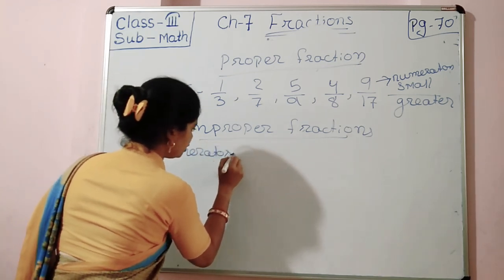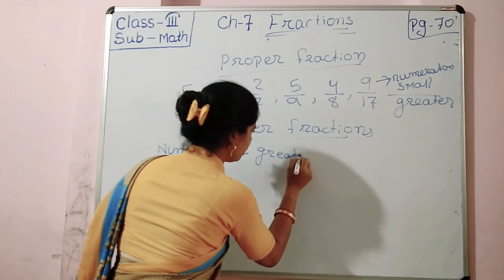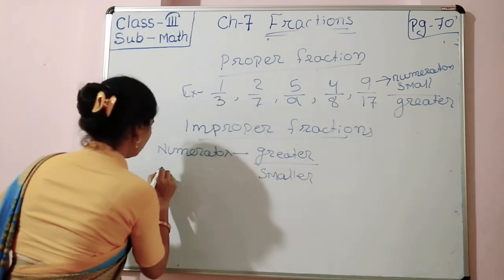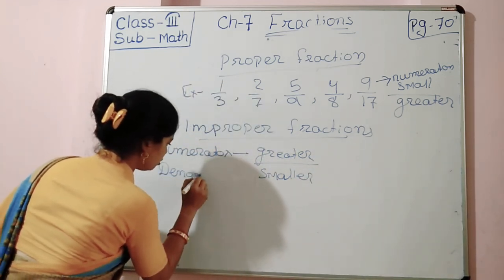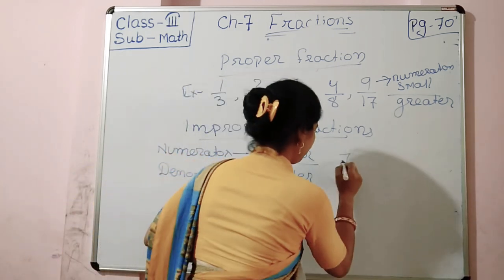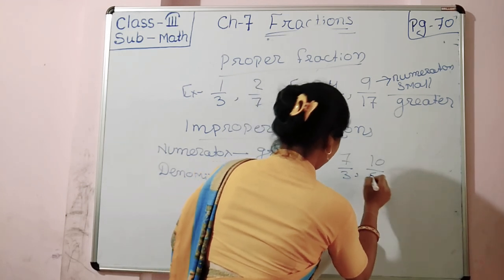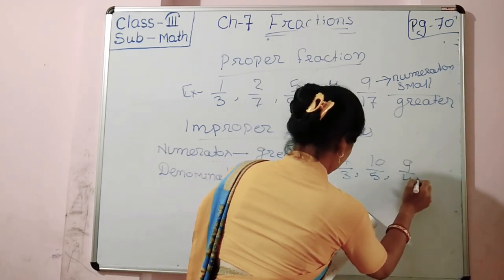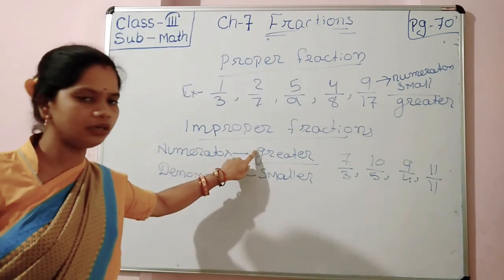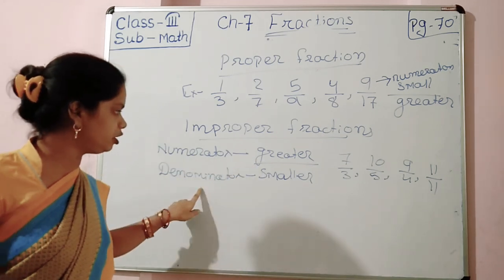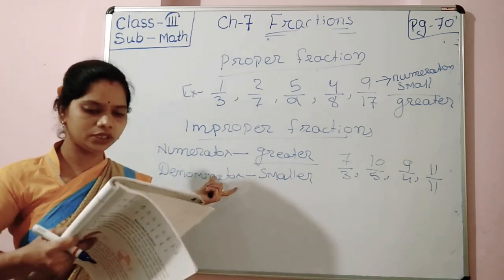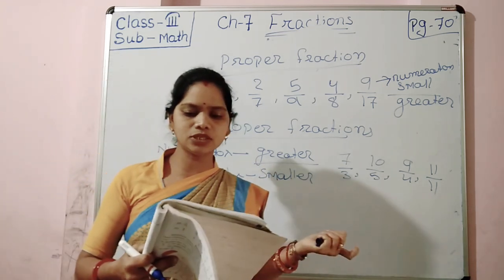For example, 7 by 3, 10 by 5, 9 by 4, 11 by 11. When the numerator is greater and the denominator is smaller, or when they are equal, it is called an improper fraction.